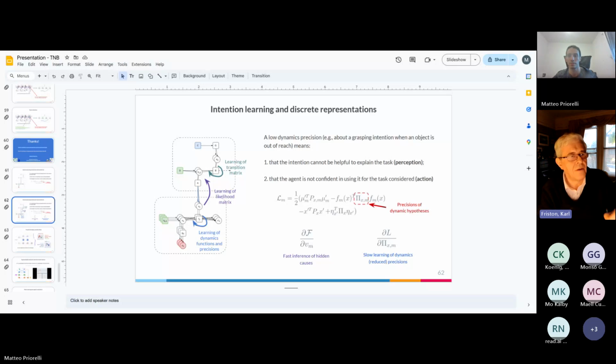away from the intention. So a priori, my discrete part of the model thinks I have completed the reaching movement, but the evidence suggests that it is not. And therefore I am still in the reaching intention, which just simply means there's a finite probability of not moving to the next intended state.